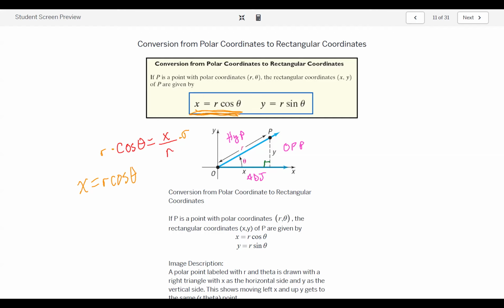Similarly, if I use my sine function, sine theta equals y over r, and I multiply by r, then I have y equals r times the sine of theta.